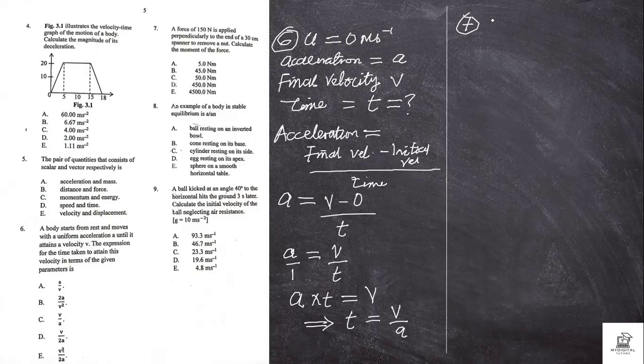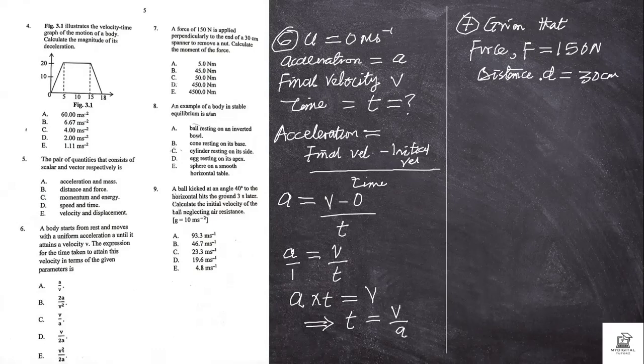So we are given that force F is equal to 150 Newton, and the length of the spanner, which will serve as the perpendicular distance D, is equal to 30 centimeter.